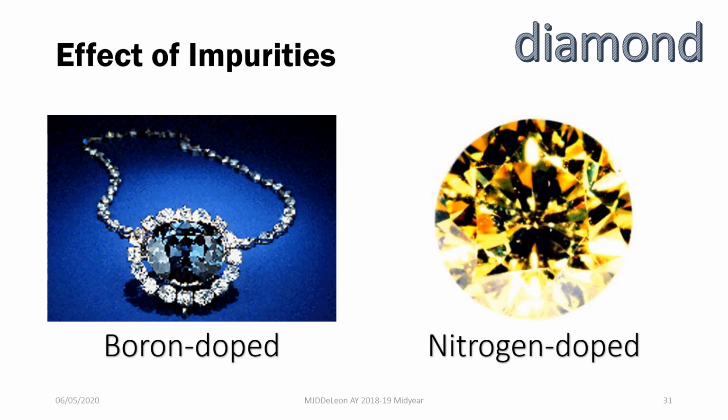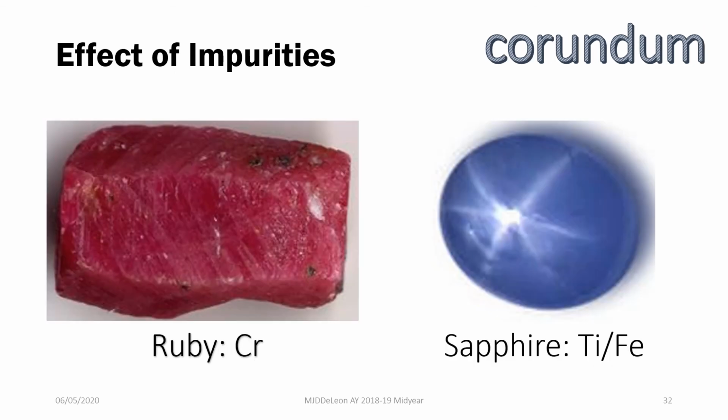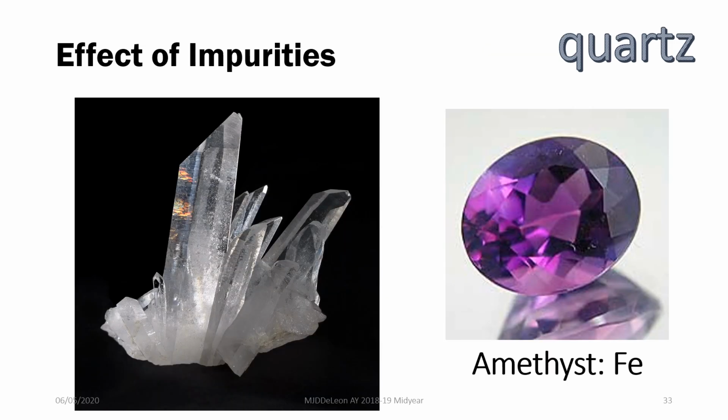So boron doped diamond is bluish, nitrogen doped is yellow. We also have corundum, and you have ruby is corundum with chromium impurities, and sapphire is corundum with titanium or iron impurities. We also have quartz. When we add iron into quartz, we get amethyst.